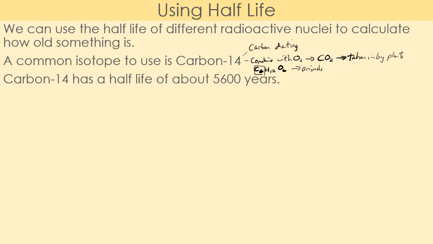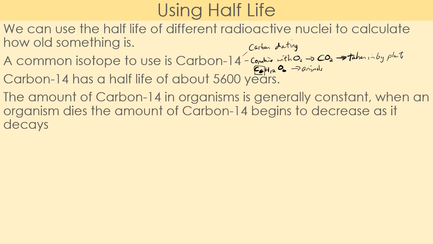Now, carbon-14 has a half-life of about 5,600 years. So after 5,600 years, imagine we had 1,000 atoms of carbon-14 in us, we would have half of that number, because half of them would have decayed. So the count rate would be lower.